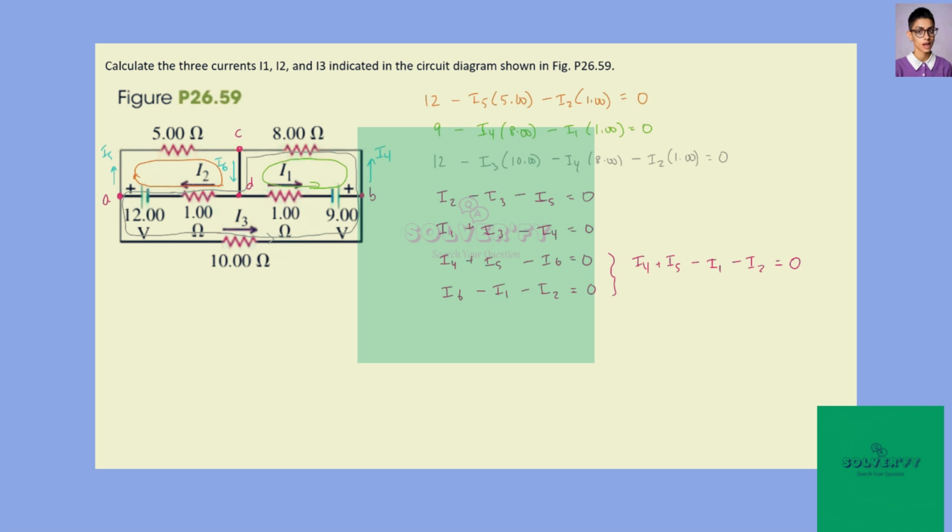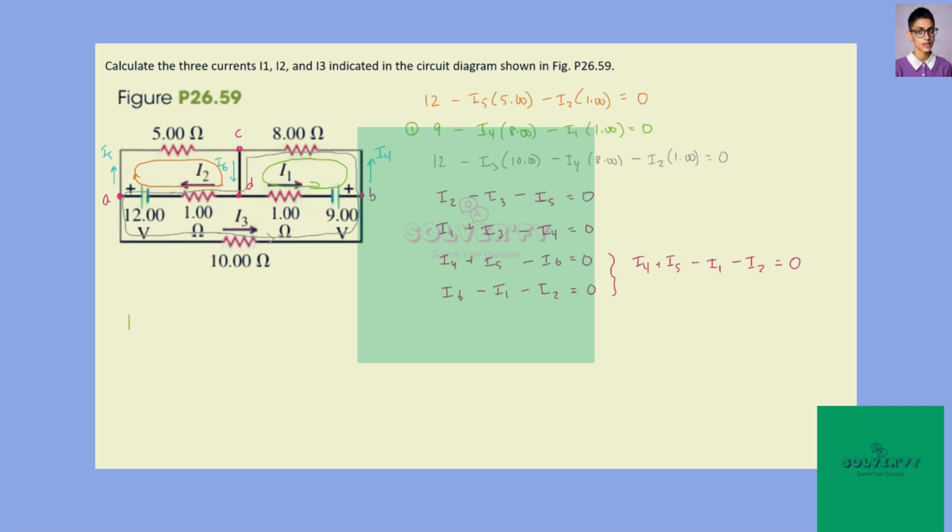Now to do this, you must make sure that your 1-1 entry, your first row, first column, cannot be 0. So I'm going to start with my second equation, and I'm going to rewrite it with the values for the currents on one side and then the constant on the other.